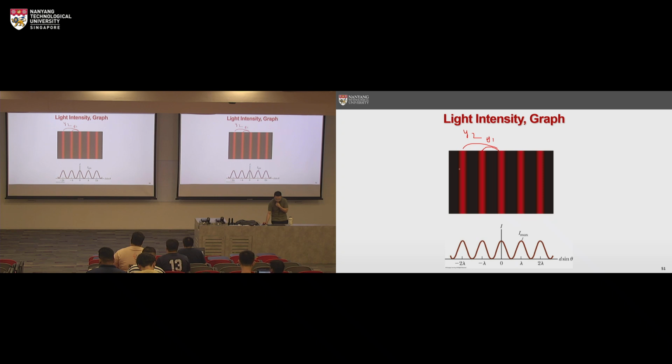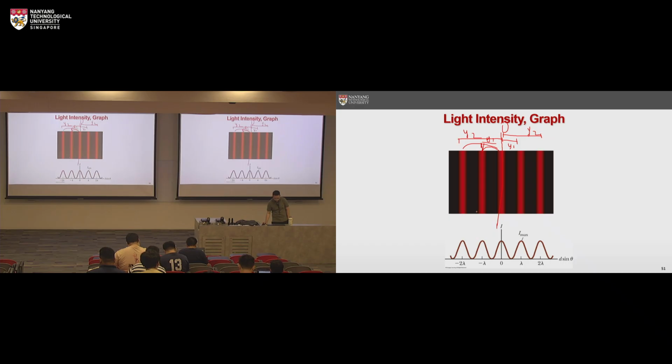Y2 means the second order of the light compared to the center. So y means the distance from the center to the fringes.